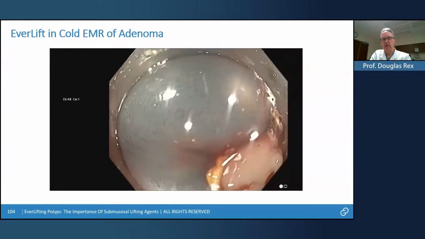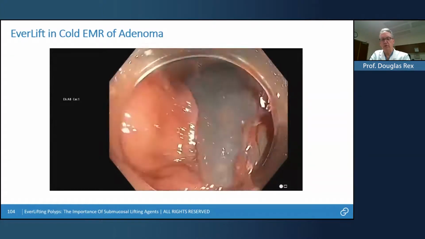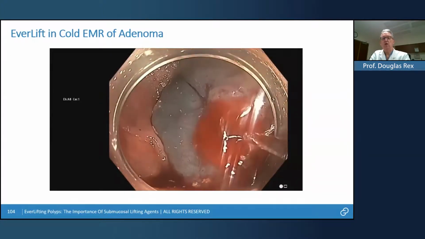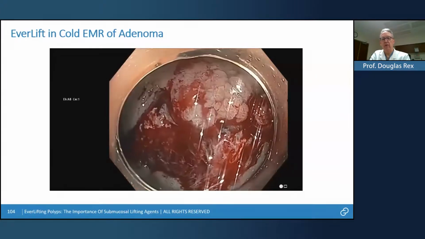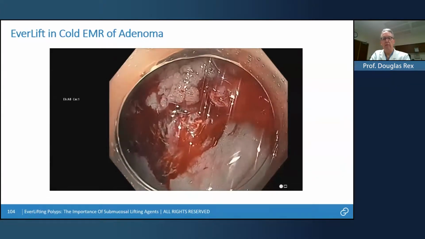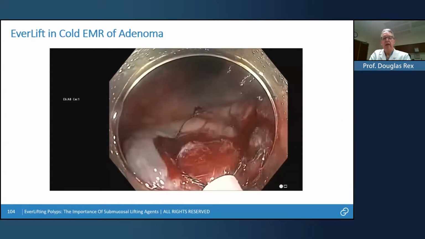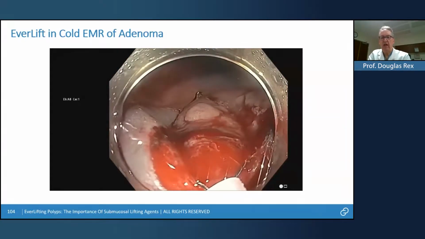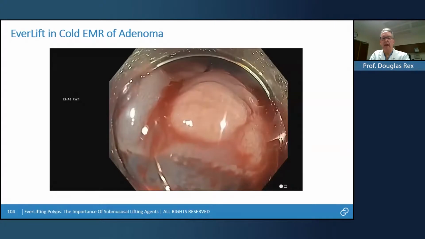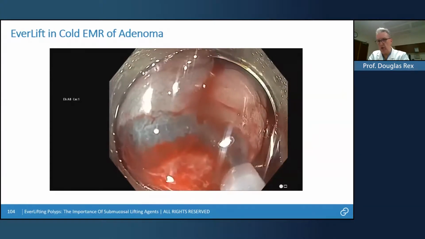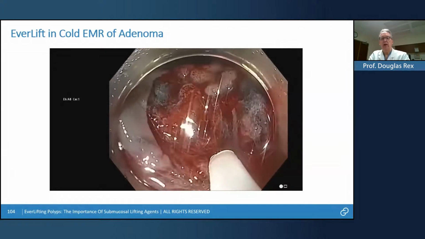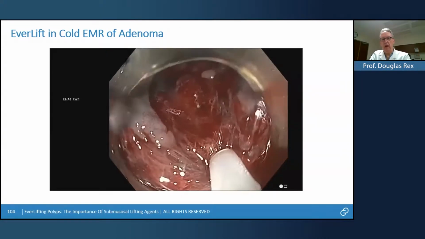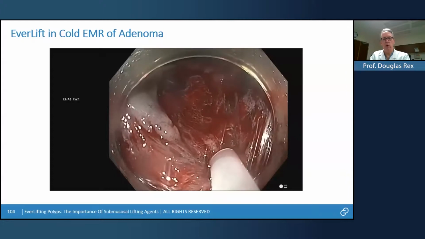The advantage of this technique, of course, is that it's almost devoid of complications. So if you're in a practice or an area where you really need to minimize complications, and you have a patient that you're pretty sure is going to come back, and you're good with dealing with recurrences because the recurrence rate is higher, then I think this could sometimes be the right approach for the patient.